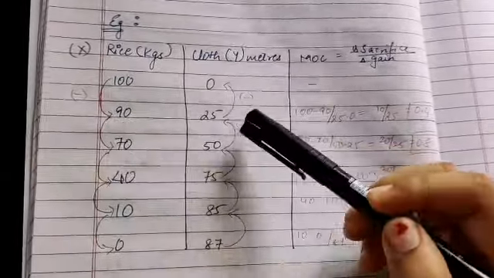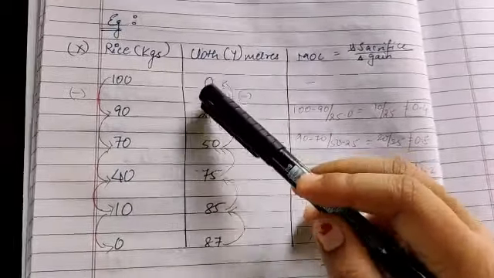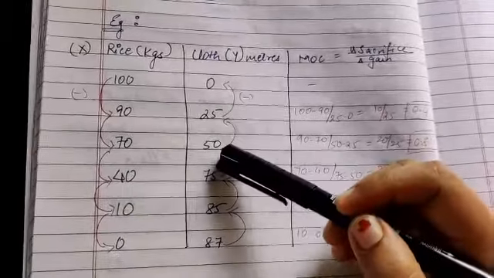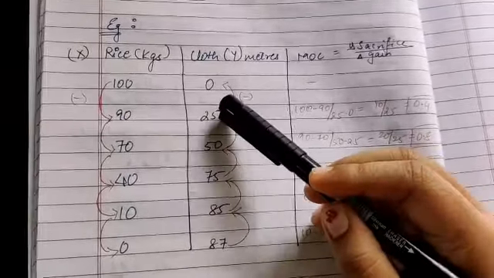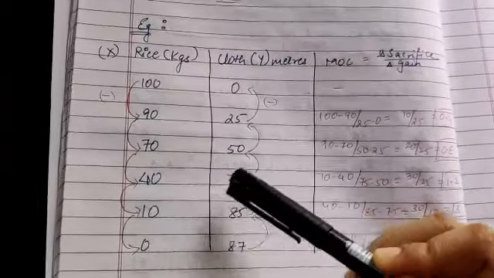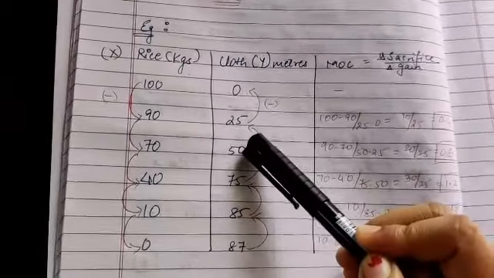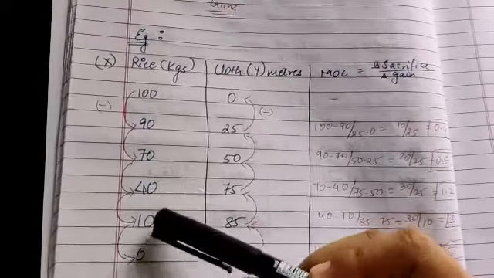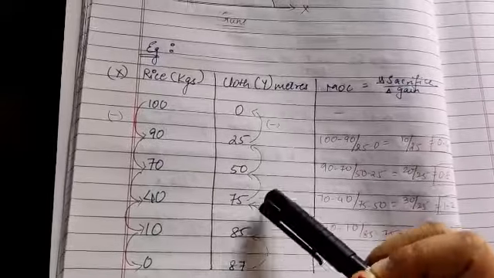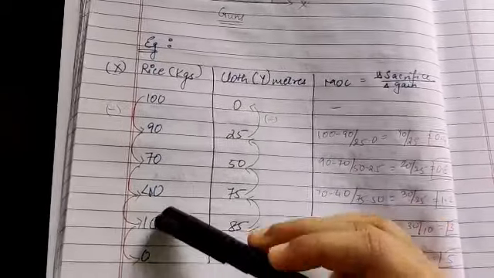So 100 minus 90 divided by 25 minus 0. 90 minus 70 divided by 50 minus 25. 70 minus 40 divided by 75 minus 50. Again 40 minus 10 divided by 85 minus 75.